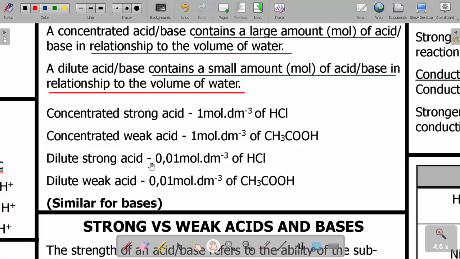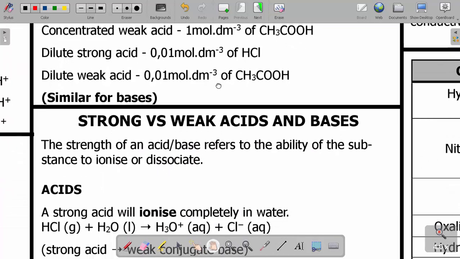Example, I have 0,01 mole per decimeter cubed hydrochloric acid. What about a dilute weak acid? I have an example of 0,01 mole per decimeter cubed of ethanoic acid. Now this case also happens with the bases. That means we have got the strong and weak bases.